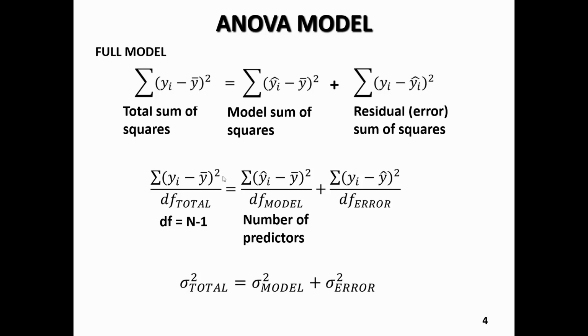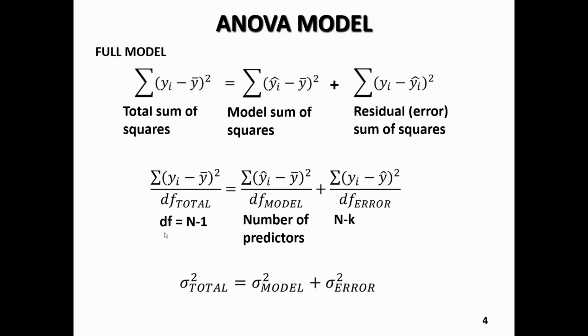So what we see here, continuing with our ANOVA model, we have calculated what are essentially variances, that is a function of the total sum. The total variance in the prediction is going to be equal to the model variance and the error variance. So we simply take these sums of squares and divide them by the associated degrees of freedom.